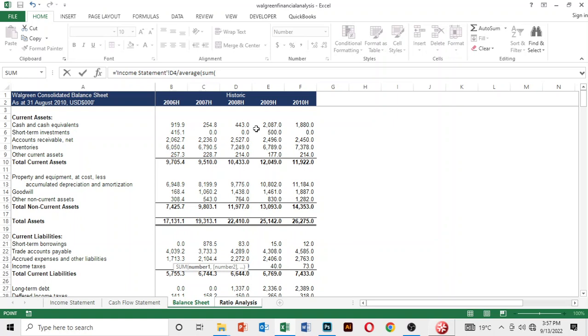This time around, we are excluding intangible items such as goodwill. So we need to average this: we sum this and this, then close, and open another sum, sum that, and add that as well.